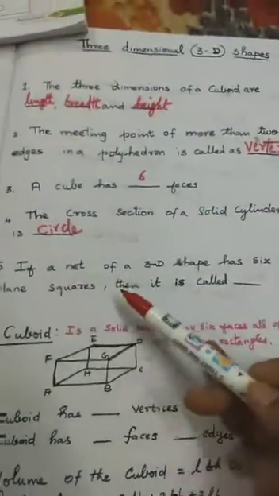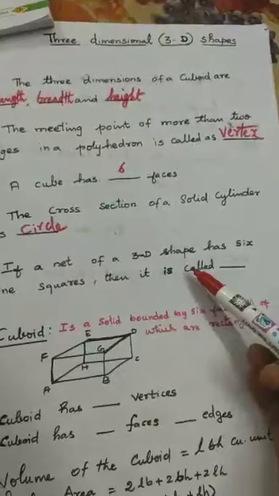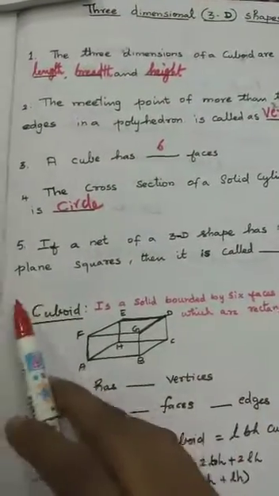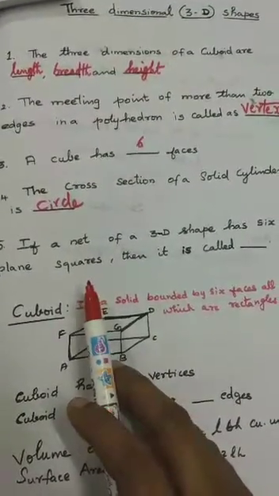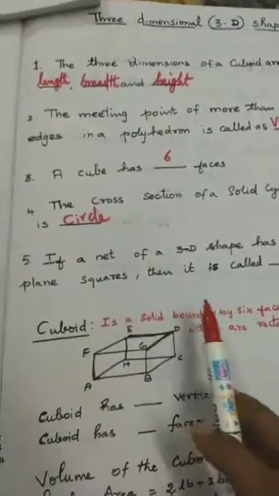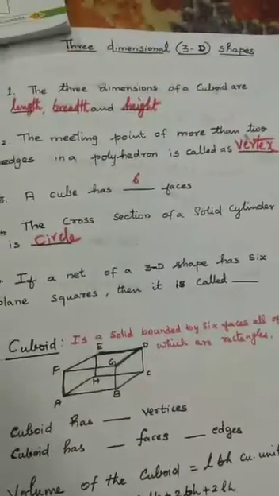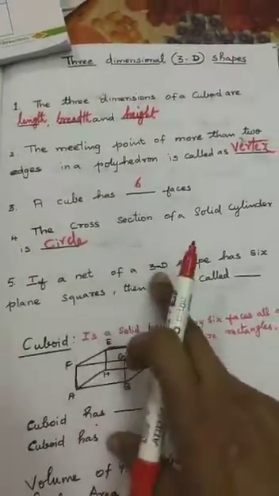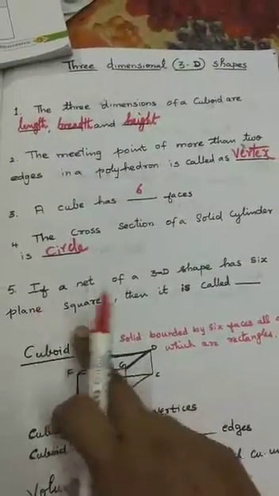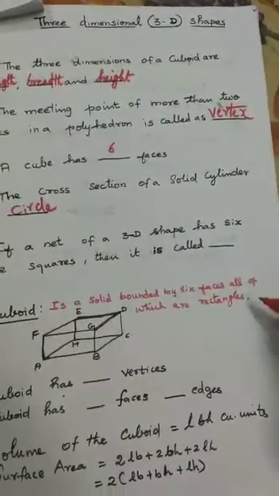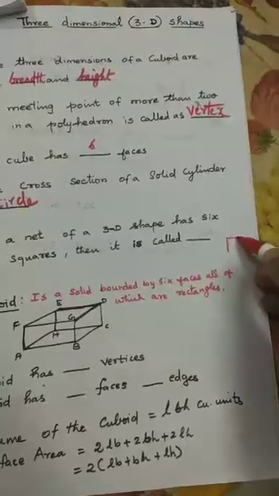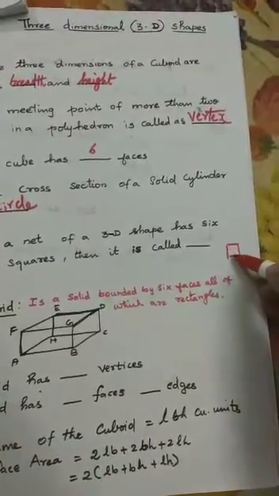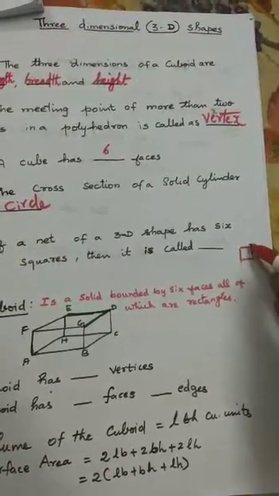If a net of a 3D shape has 6 plane squares, then it is called a cube. A cube has 6 plane squares, isn't it?